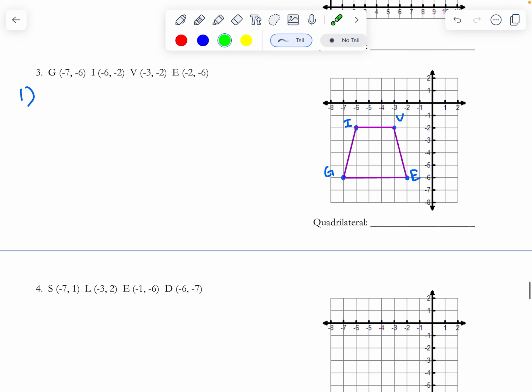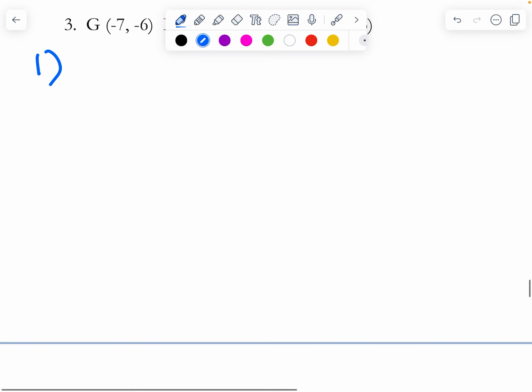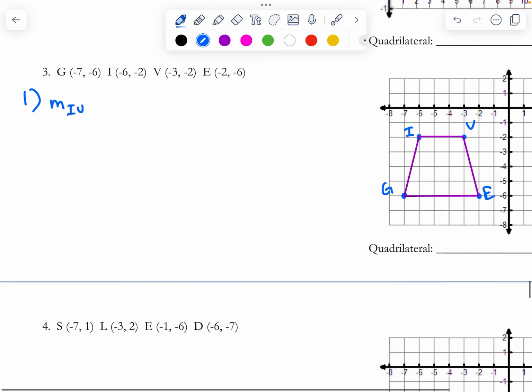Let's prove it. My first thing is to pick a pair of opposite sides and see if we can prove whether these are parallel. If the slope of IV is parallel to the slope of GE, then I know that I've got one pair of parallel sides. So let's check that.